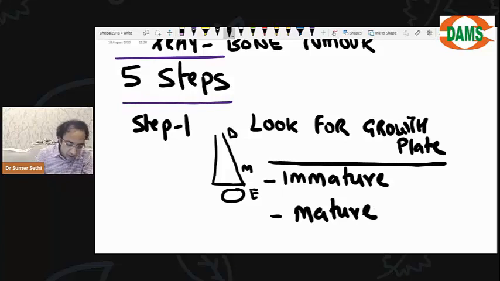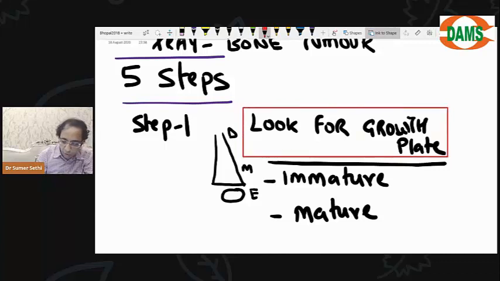Everybody understands? So step number 1, as soon as you look at an X-ray of a bone tumor, is please look for growth plate, because the diagnosis will be different in an adult and a child. I need to have an idea, am I looking at an immature skeleton or a mature skeleton? This सबसे पहला बेटा, okay? Everybody understands? Look for growth plate. Am I looking at an immature skeleton or a mature skeleton?